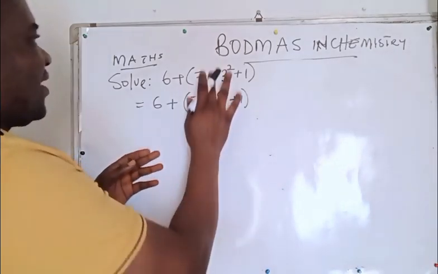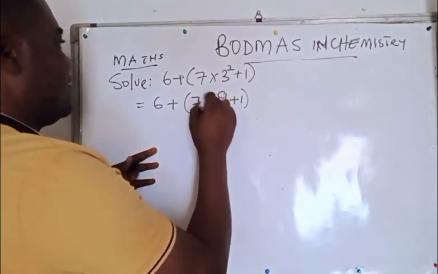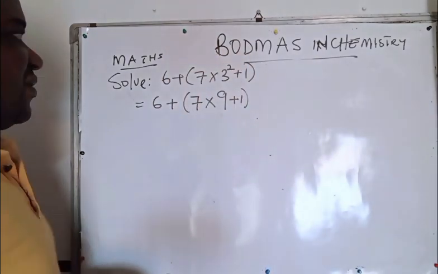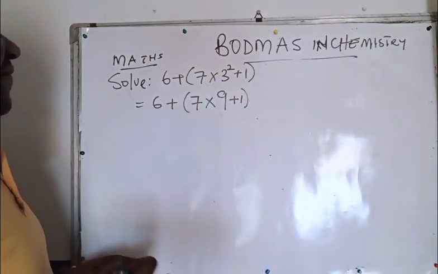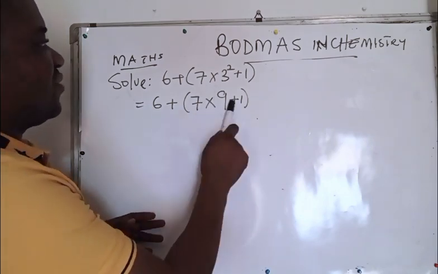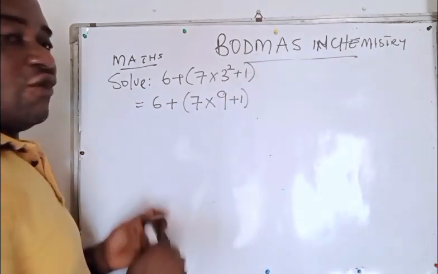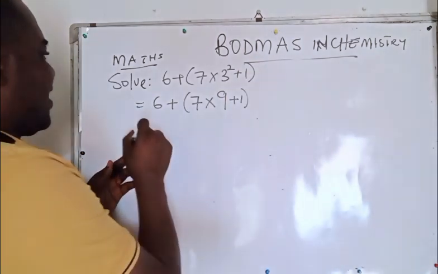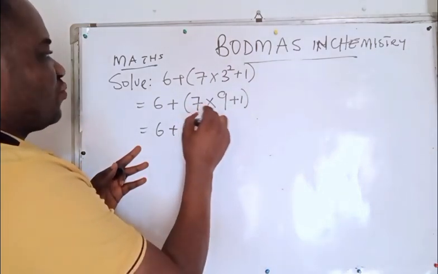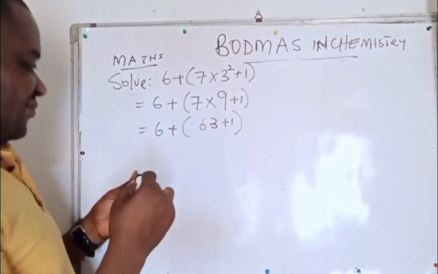So when we have this, we said bracketing order of division. Remember that we do not have division here; we have multiplication. So we follow multiplication next. So we have 6 plus 7 times 9, which will give us 63, plus 1.